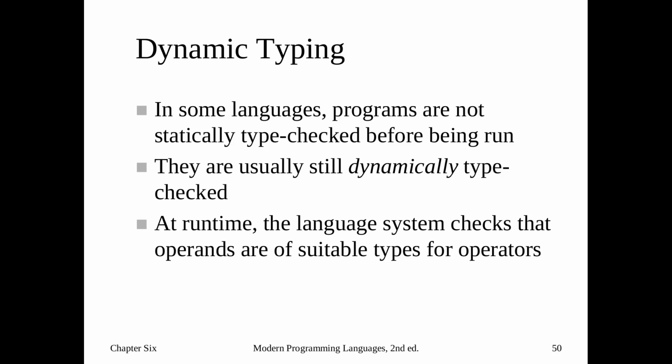At runtime, the language system checks that the operands are of suitable types for the operators. So you won't know there's an error until your program breaks. This makes it an annoying process to debug your program, because you have to sit down and run it every single time, as opposed to being able to use the compiler to make that check for you. So these are arguments against dynamic typing.